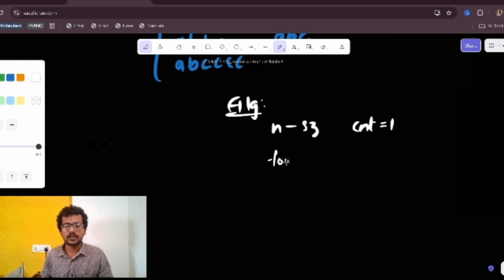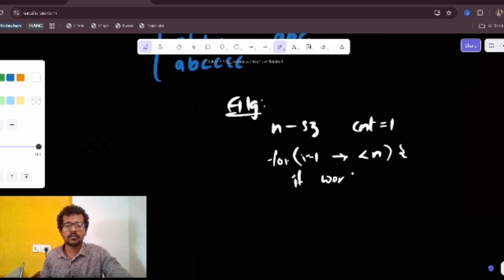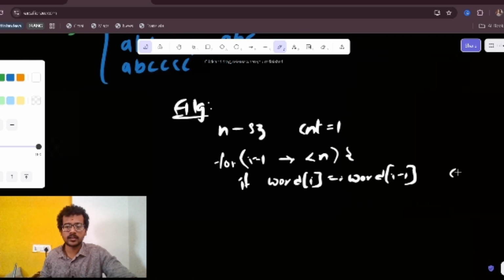Now for i equal to 1 going till the size of the string, which is nothing but less than n, what I'll do is, if word of i is equal to word of i minus 1, then I'll just increment the count. At the last, I will return the count.